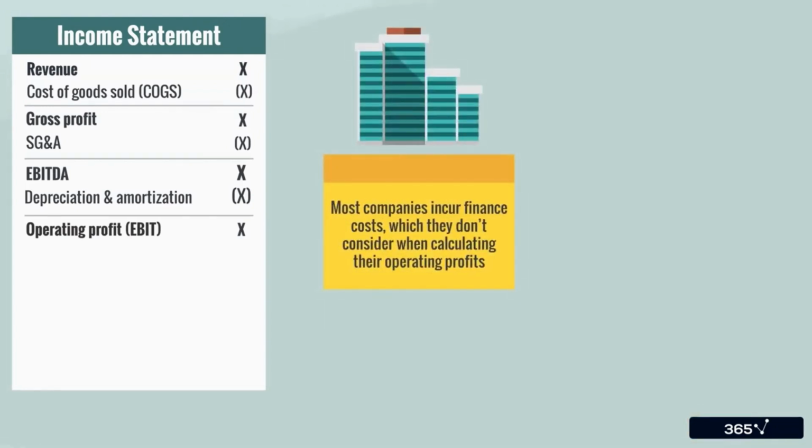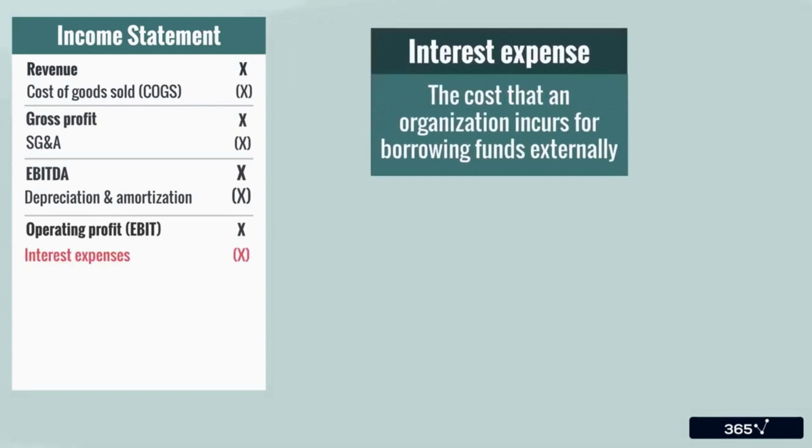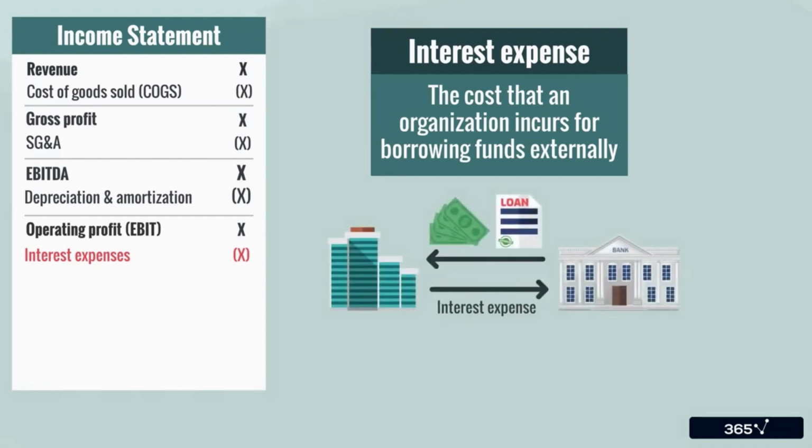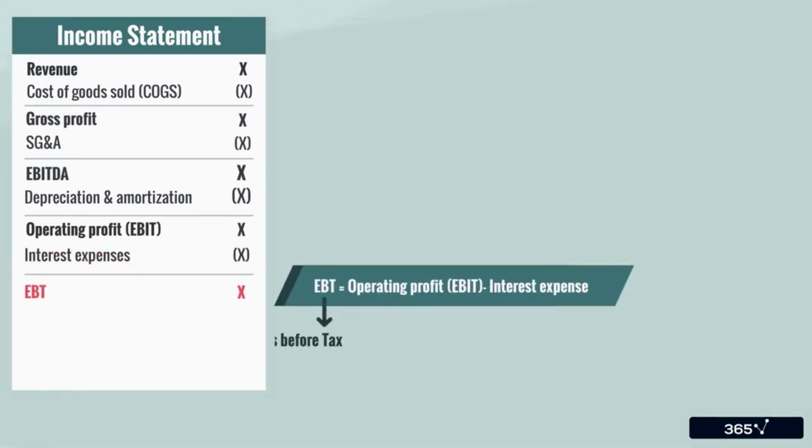Most companies incur finance costs, which they don't consider when calculating their operating profits. For instance, interest expense is the cost that an organization incurs for borrowing funds externally. Quite often, firms would receive bank loans and pay interest expenses for the amounts they owe. So, the next accounting equation we need to remember is EBIT minus interest expense results in earnings before tax, or this is how we obtain the EBT figure.